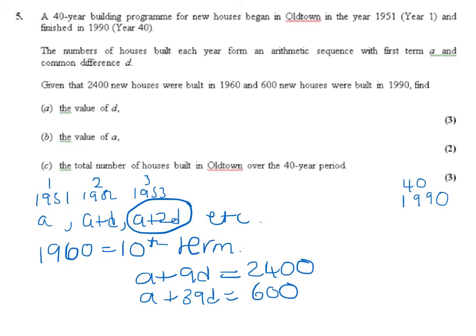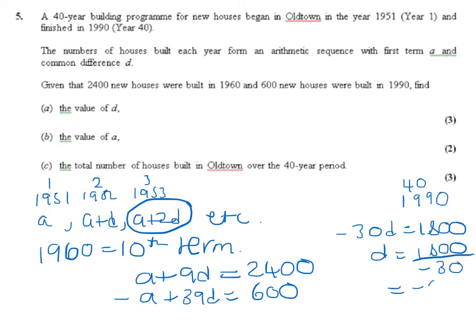We then have two simultaneous equations to solve. If we take them away from each other, then obviously the A's disappear and we end up with minus 30D is equal to 1,800. So D is equal to 1,800 divided by minus 30, which is minus 60. So that's what D is.